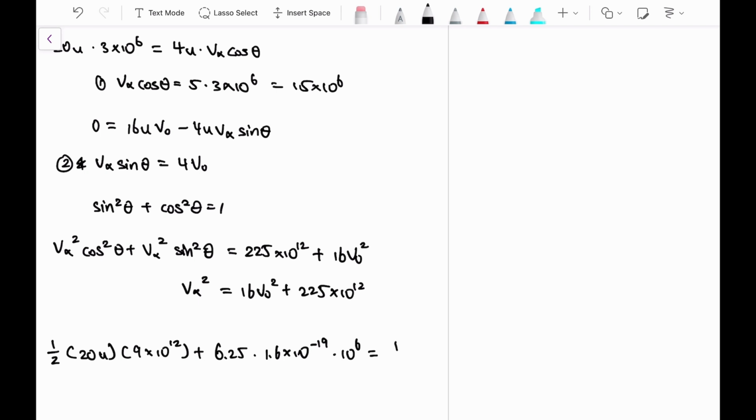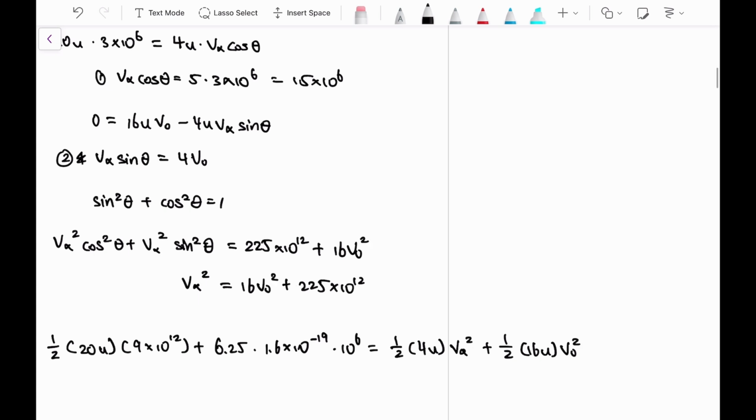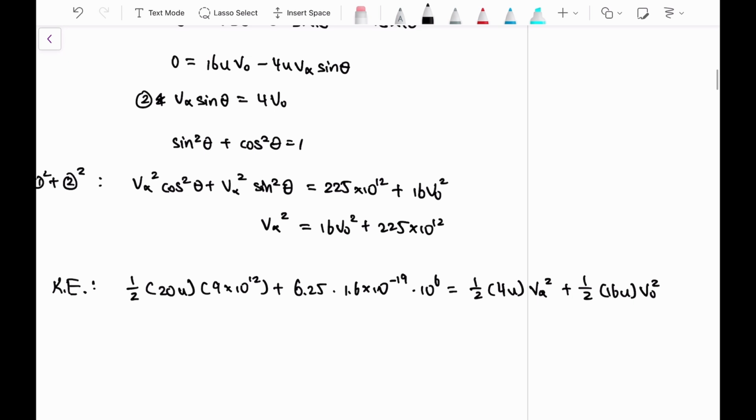the kinetic energy of the alpha particle first. This will be 4u times its velocity squared, which is V alpha squared, plus the kinetic energy of the oxygen 16. That will be 16u times VO squared. Now, we can simplify this equation first.